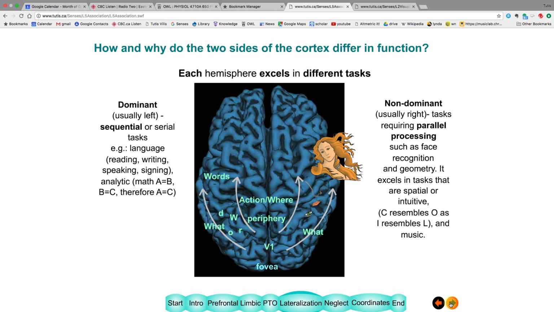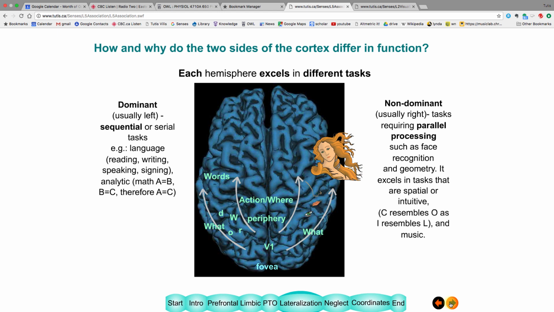So you decode the series of words. And it's also good in things like math, particularly algebra, where you're doing a series of tasks to discover whether A equals B or not.